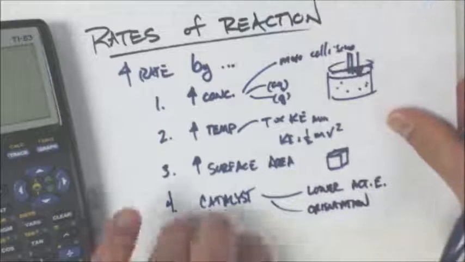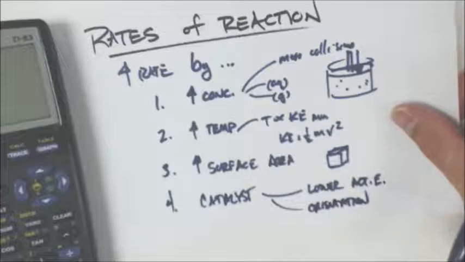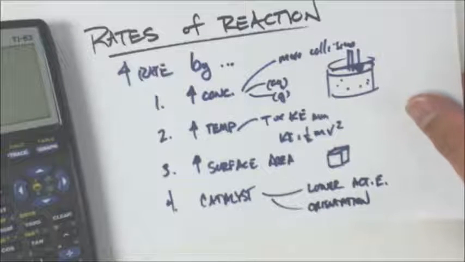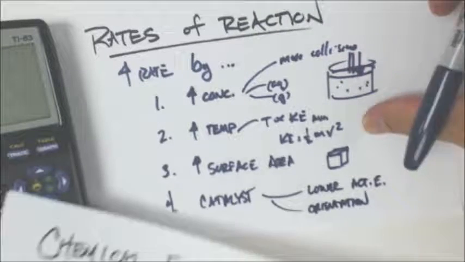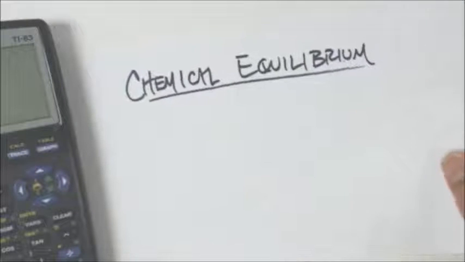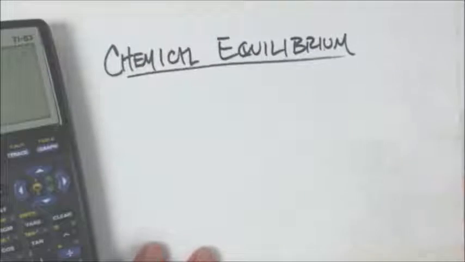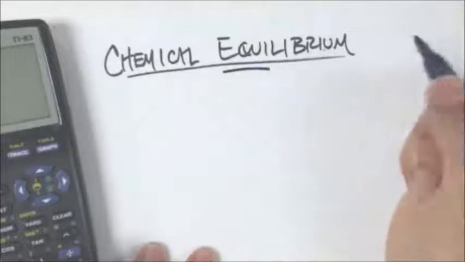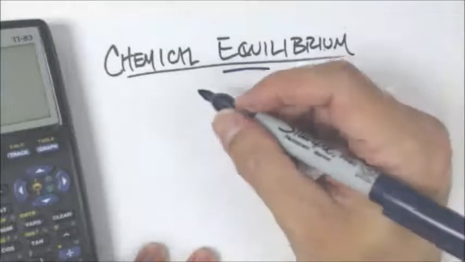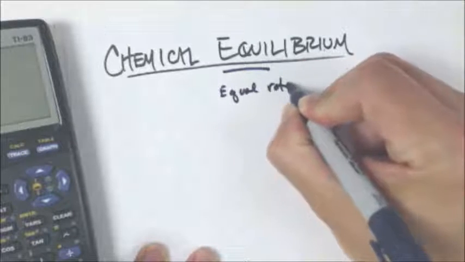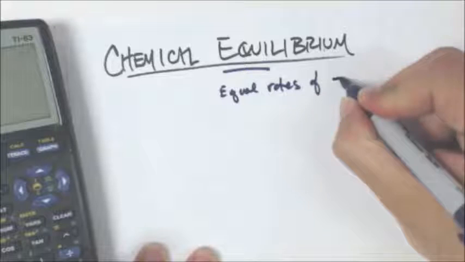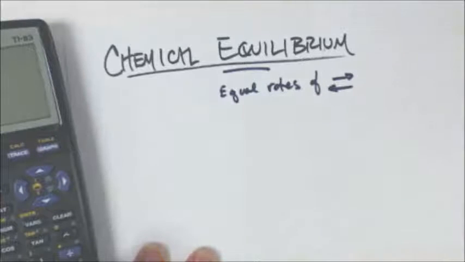We'll deal with rates of reaction a little bit later on as well, but we need to talk about it now because the major topic of the chapter is chemical equilibrium. And the equal part of equilibrium is when you have equal rates of forward and reverse reactions.